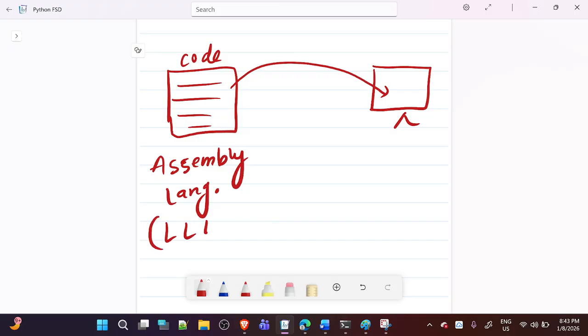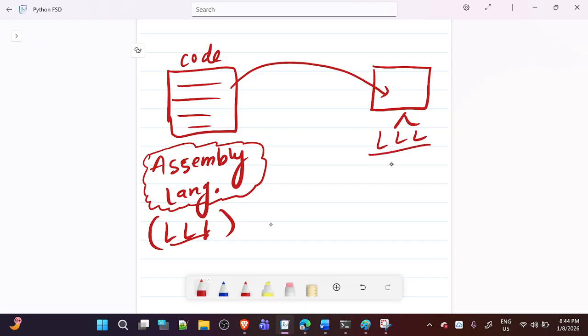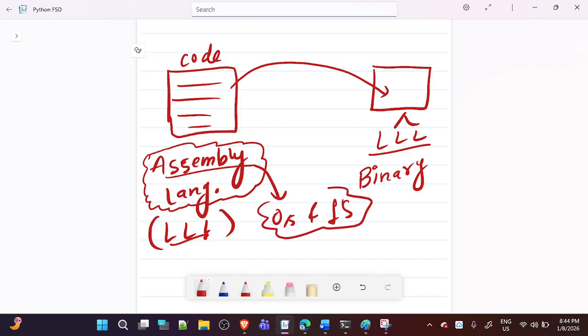No. See, this assembly language comes under the category of low level language. Computer also understands low level language, but which one? It understands binary language. So is this assembly language in the form of zeros and ones? No. So can the computer understand this assembly code? The answer is no.